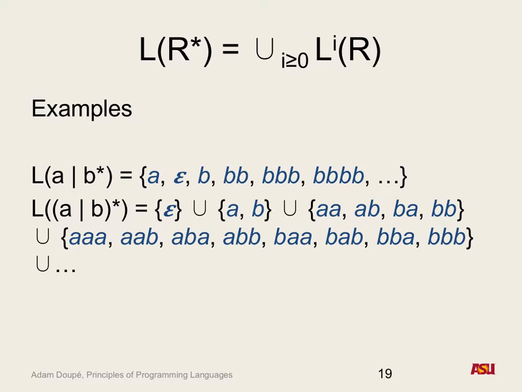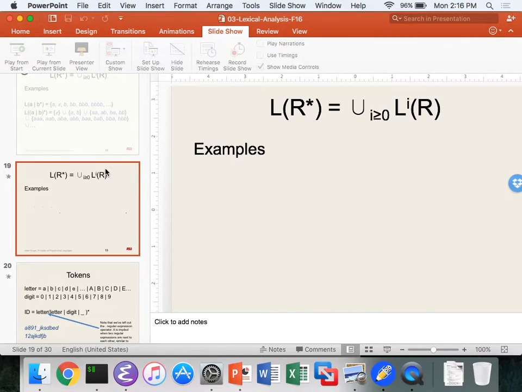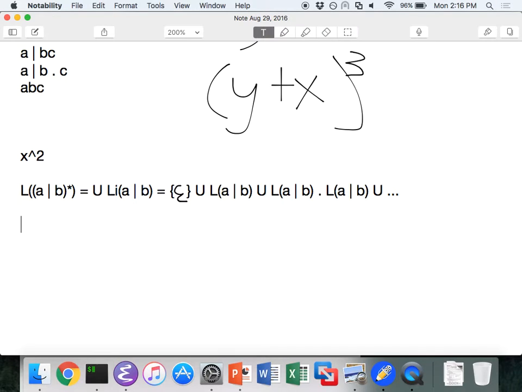Cool. Questions? Yeah. Is (A star) star equal to A star? So what does this mean? A star: any number of A's, so 0 or more A's.